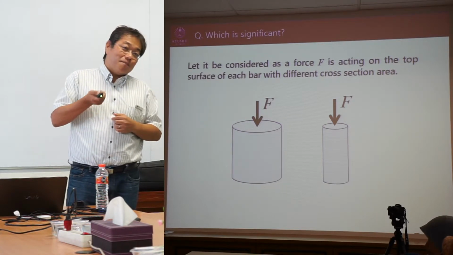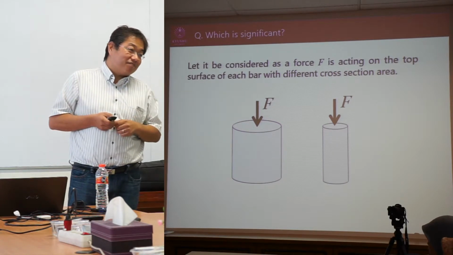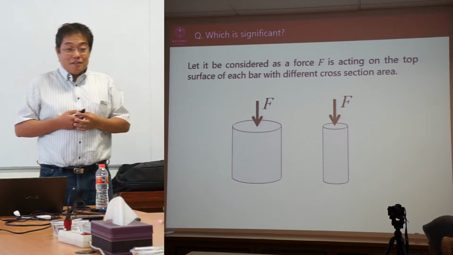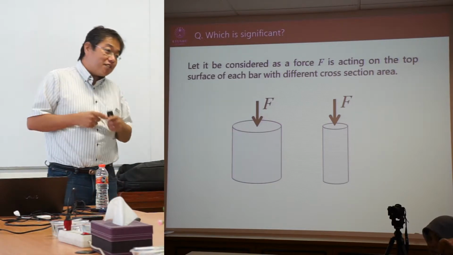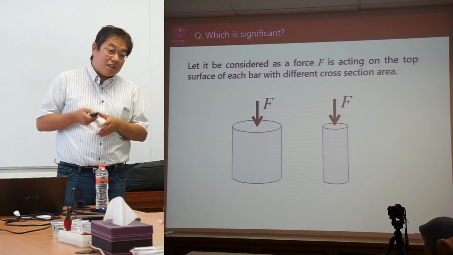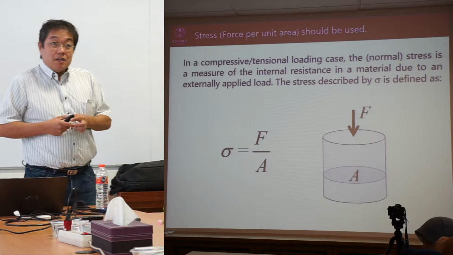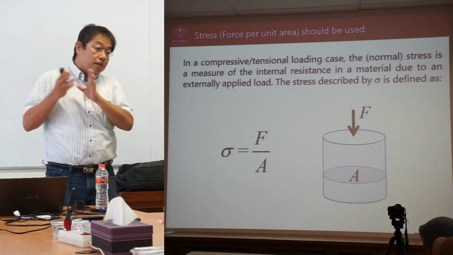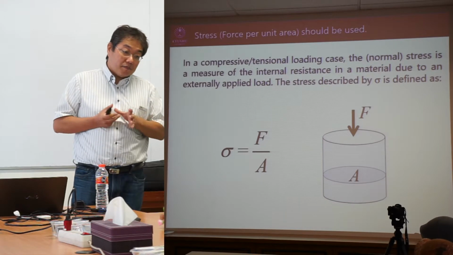For example, for the bar, left hand side or right hand side? Right hand side. The cross-sectional area is smaller than the left one, so the stress is more than the left one. So we have to define the stress, F divided by the cross-sectional area.